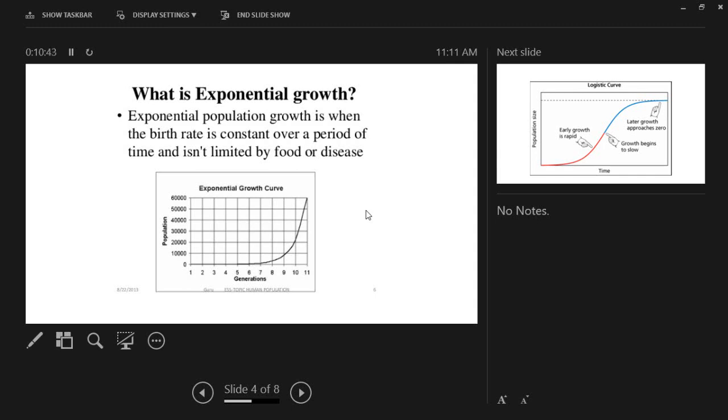Basically, this is what happens. Let's say we started with 1,000 bacteria, okay? Like, we have a little container, and we put 1,000 bacteria inside of it. An hour later, those 1,000 will all split and make 1,000 more. 2 hours later, it becomes 4,000.